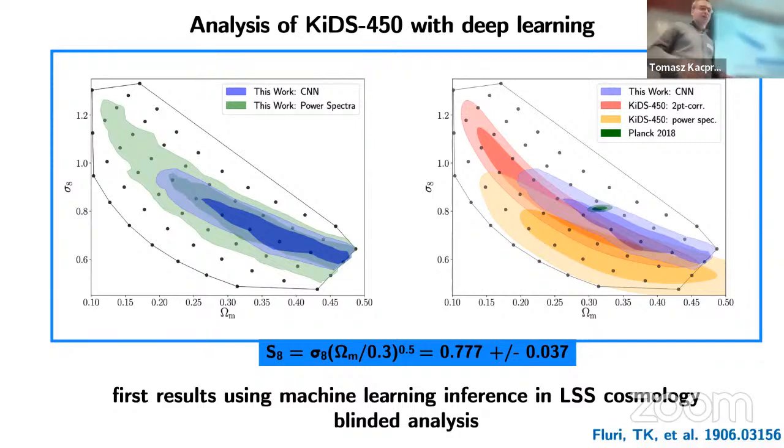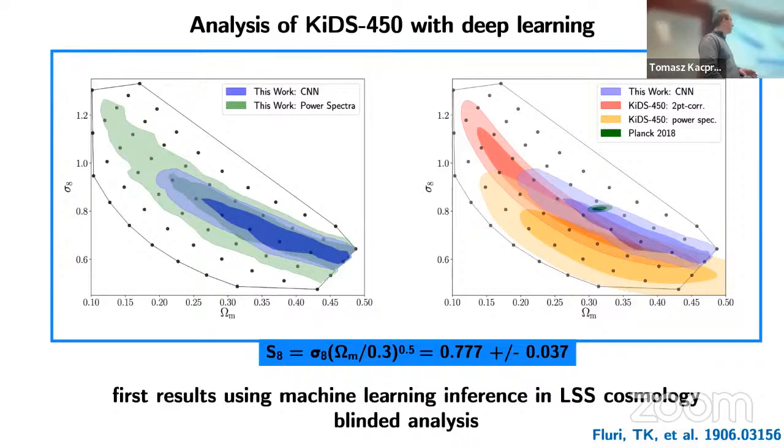I said that we needed to cut the data to fit into square patches, and that diverged a little bit from what the KiDS original data analysis has done. But we run our power spectrum analysis exactly on the same data. First we smooth the lensing maps, and then we compute the power spectra. So it's really apples to apples between the CNN and the two-point analysis.